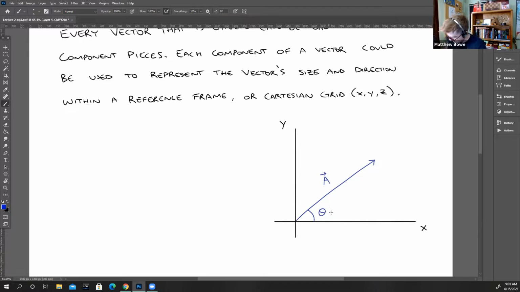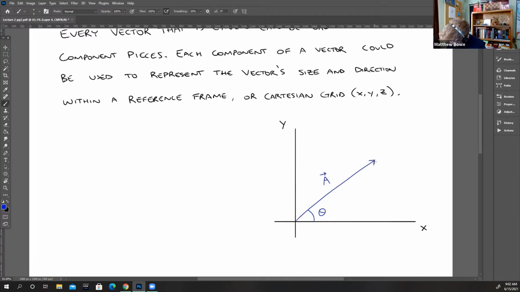That is this Greek symbol right here. Sort of looks like a 0 with a line through it. We can find the angle of vector A.